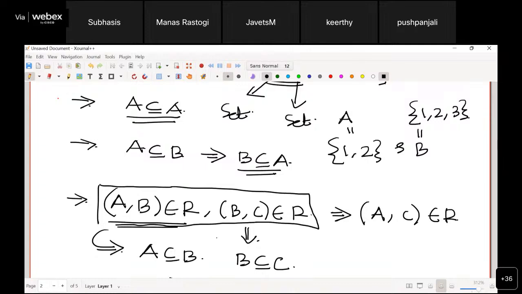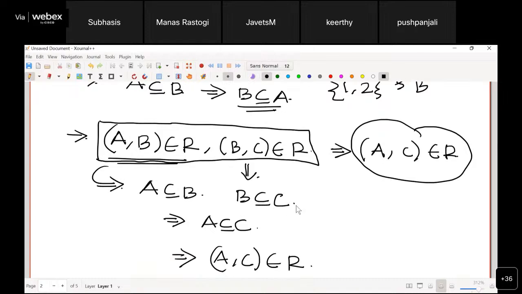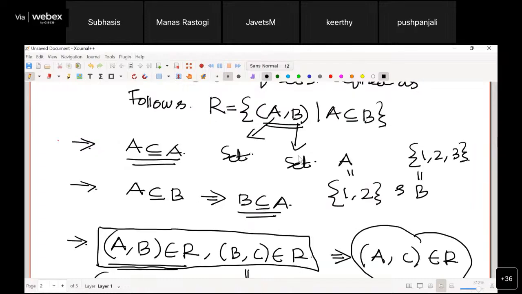By this assumption, we have to show that (A, C) is in R. If I assume that (A, B) is in R, that means with the given condition, A is a subset of B. If I assume that (B, C) is in R, that means B is a subset of C. By combining these two things, I get that A is a subset of C. Since A is a subset of C, the ordered pair (A, C) satisfies the condition. That means (A, C) is in R, so my relation is transitive.